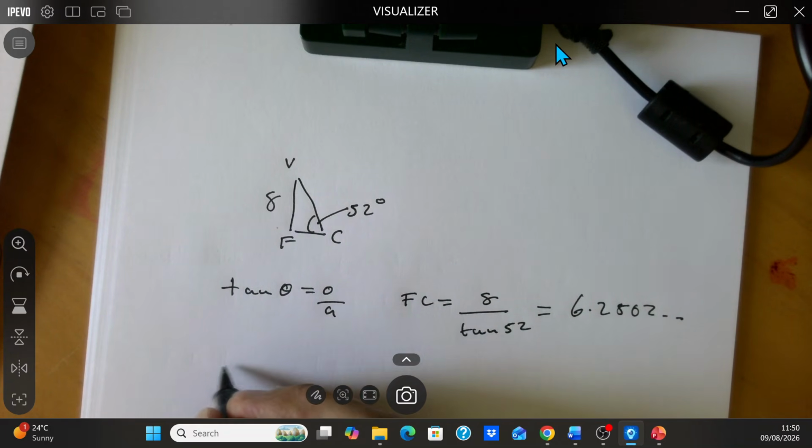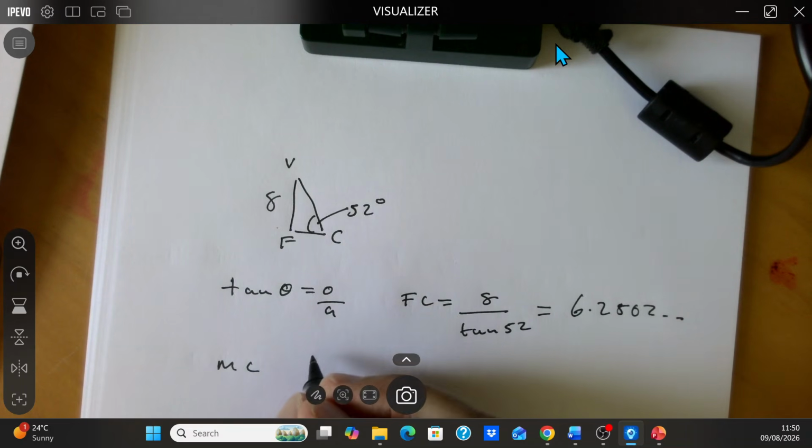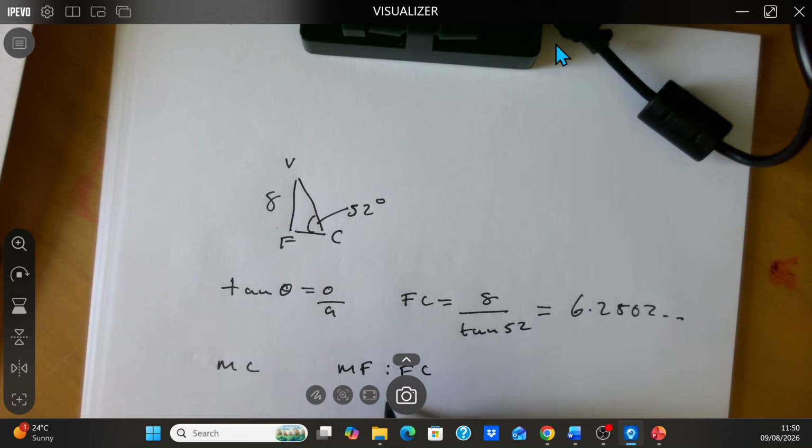Right, we know MC, and we are told the ratio F to M, FC, so that is 2, that is 1, so there are 3 parts.